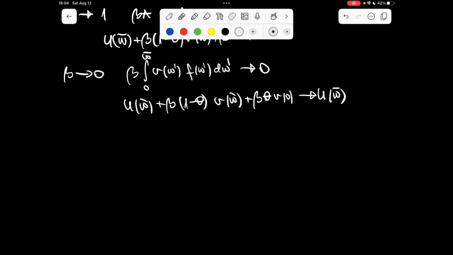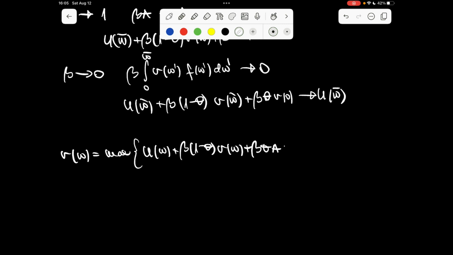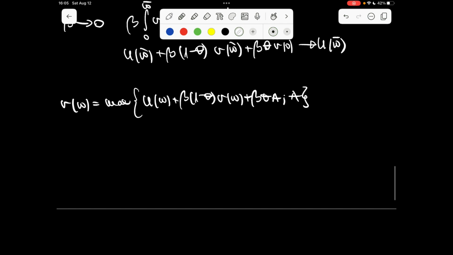So we have this decision problem. Let's dig deeper. So this is the decision problem. Let's compare the values of the two lines at distinct wages.